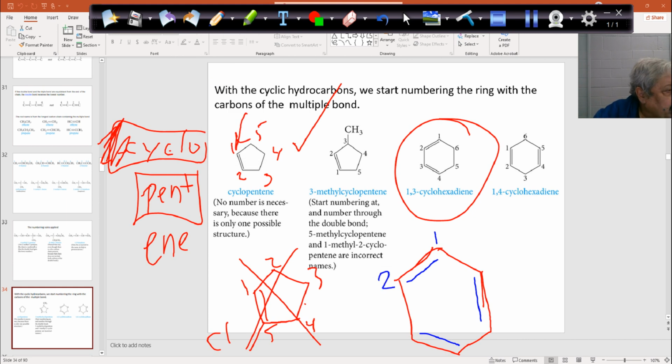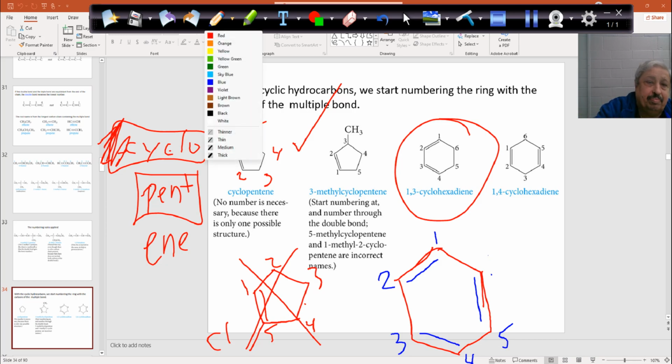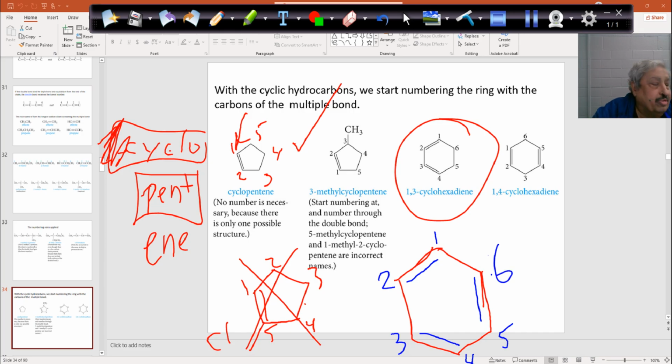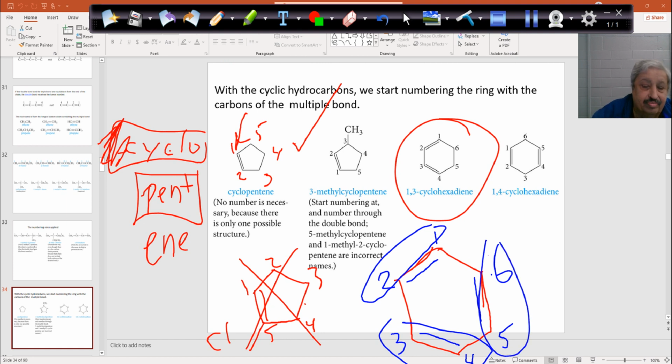Always start with the double bond, number 2 is your double bond. Not going out away from the double bond. I cannot put 2 here, that's not correct. Are you following me here? So 1, 2, 3, 4, 5, and this one will be number what? 6. The double bond has to have 2 numbers together. So 1 and 2, 3 and 4. They are adjacent to each other. 5 and 6. So what do we call this one here?